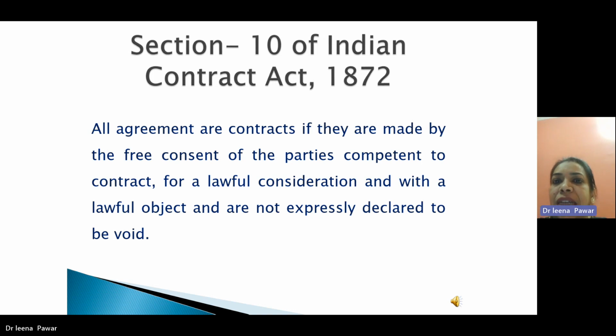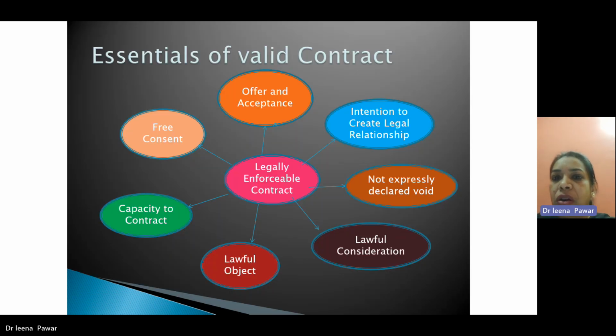So let us discuss the essentials of a valid contract. First, there should be the offer and acceptance, as we have discussed. One party should give the offer, another party should accept it. There are two parties, the promisor and the promisee.